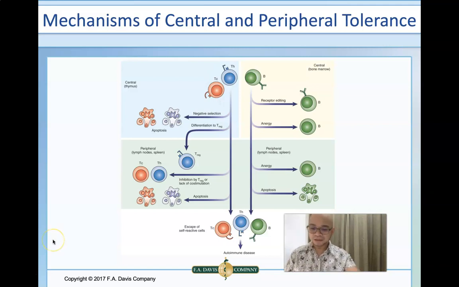The process of negative selection can occur in many types of T cells. It can occur with the immature double positive CD4 and CD8 cells in the cortex, and also with the more mature single positive CD4 and CD8 positive cells in the medulla.